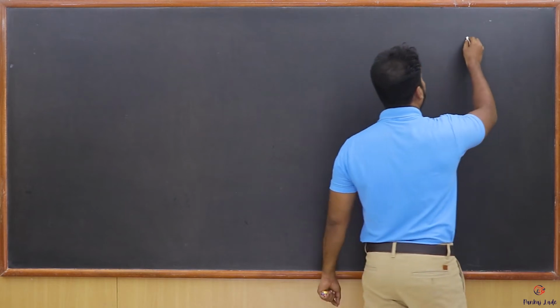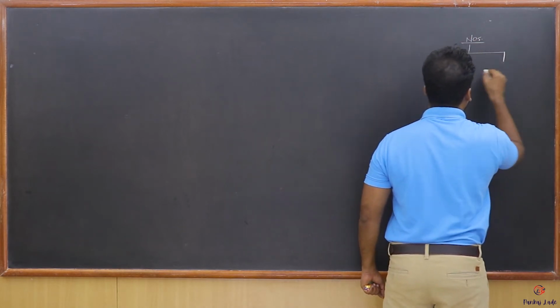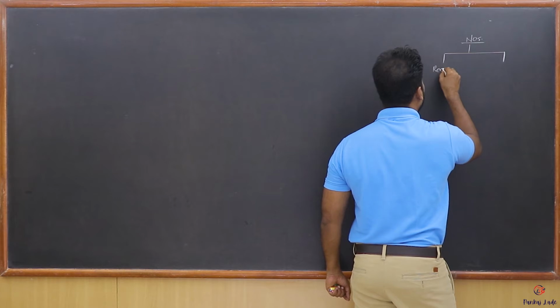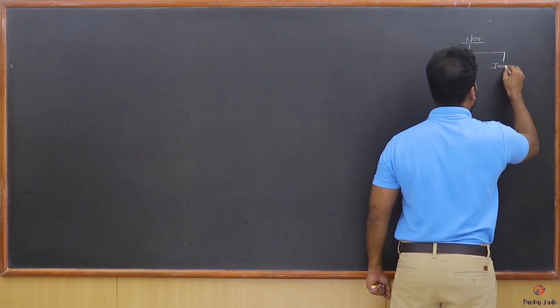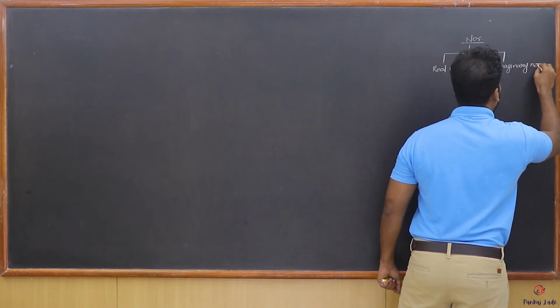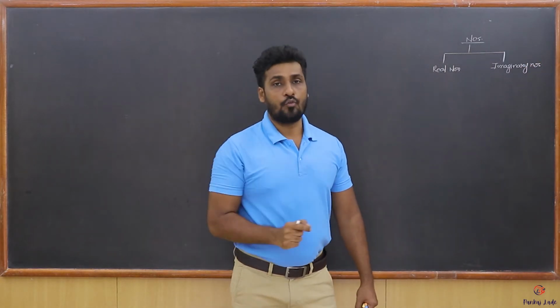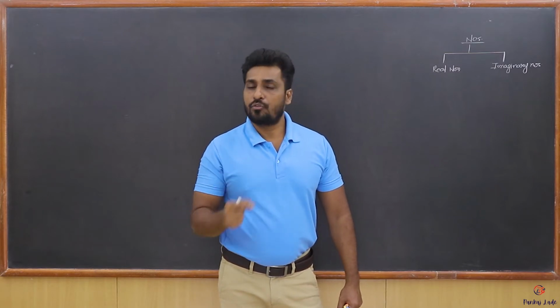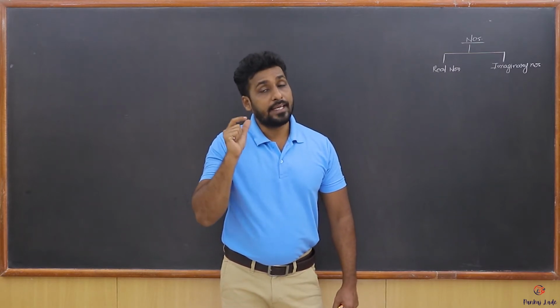So numbers can be of two types. One of them is called real numbers and the other one is called imaginary numbers. Now whatever numbers that you can count, that you can think of, is called a real number. For instance, if I say 1.75, this number we can imagine.